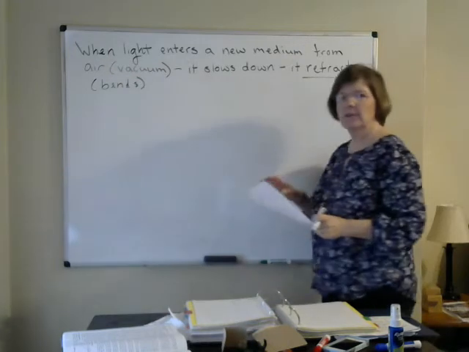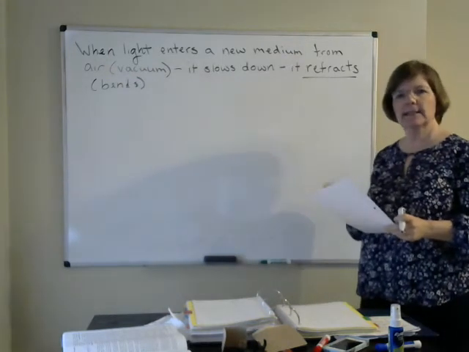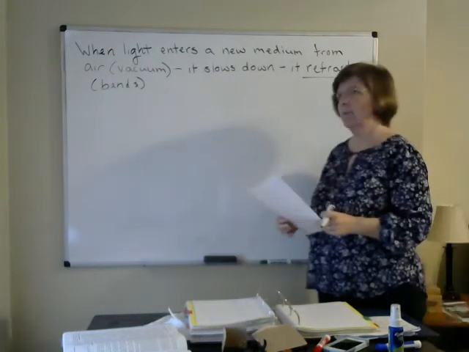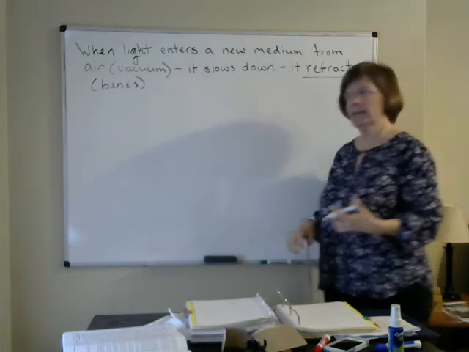How much it slows down depends on how optically dense the material is. And we define that with something called the index of refraction.